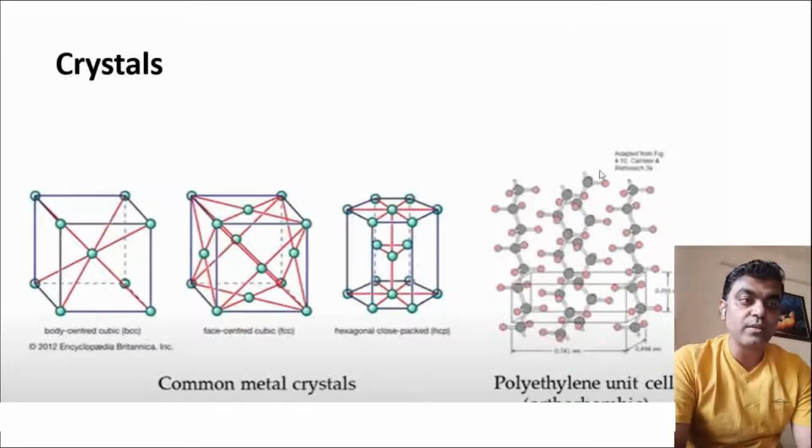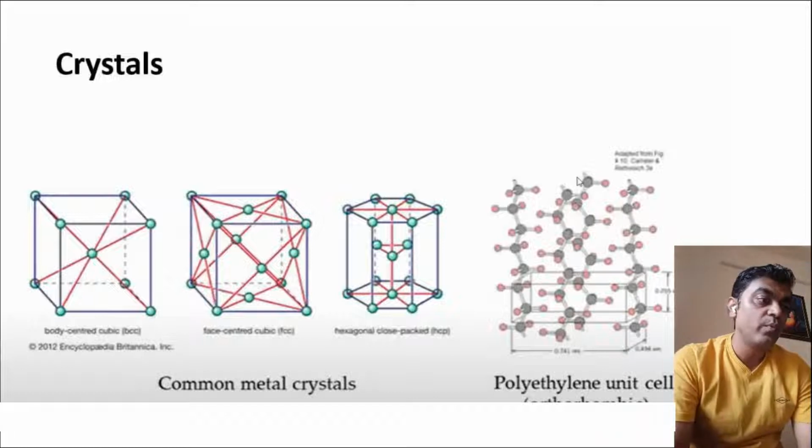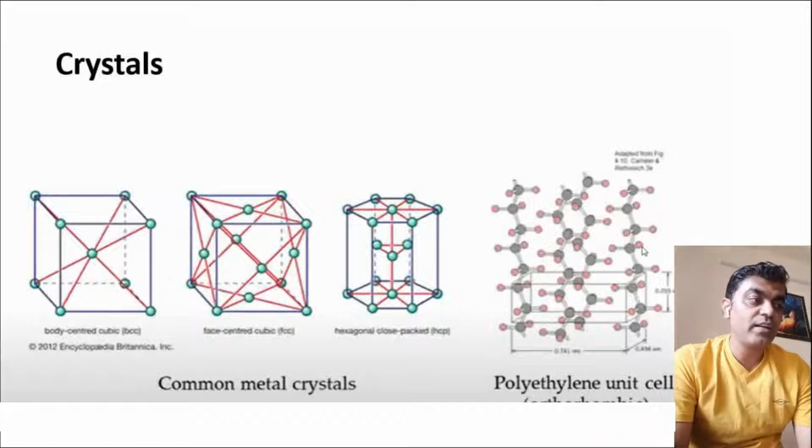But the advantageous part is that these crystals have a fixed orientation which is repetitive in nature. For example, if you see, this is one block of this crystal, and if you keep on adding this block, it is repetitive in nature, and that is where we have an advantage of identifying a unit cell and then studying them.